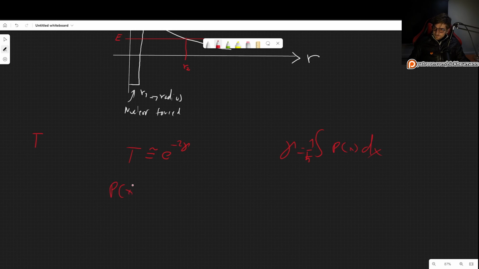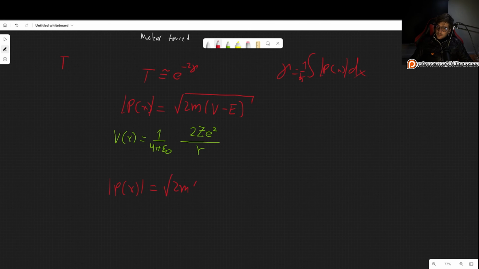The momentum, so this is, of course, the absolute value of the momentum, right? So this will be, let's see, it is square root of 2m. So we already get rid of that i, and now we plug it in. So we get 1 over 4 pi epsilon 0 2z e squared over r, and then minus e.